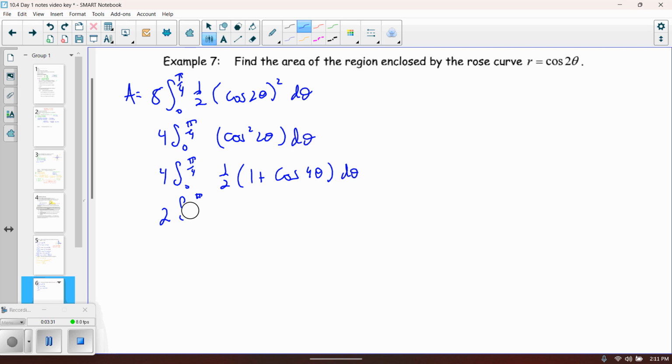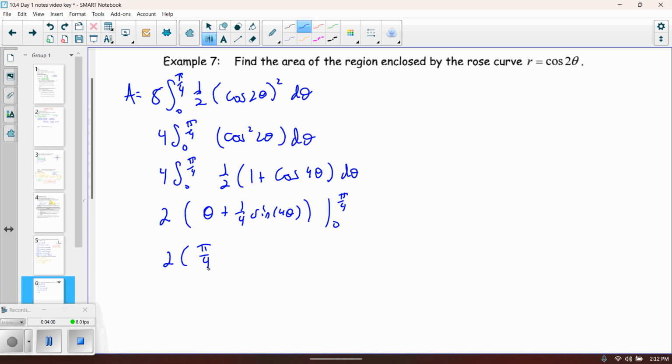And I actually don't need the integral anymore. I apologize. I'm going to go ahead and take the antiderivative of 1, which is theta. Antiderivative of cosine 4 theta, again kind of using our little trick there, we're going to have a 1/4 sine of 4 theta. And we're going to evaluate that from 0 to pi fourths. So plugging in pi fourths, we're going to get 2 times pi fourths.